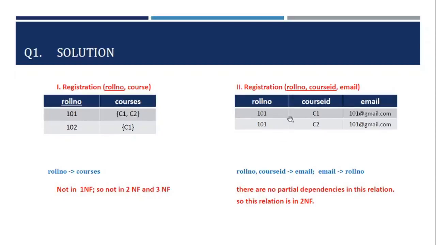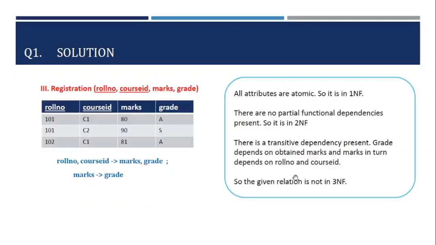So let us consider schema 3. Here we have roll number and course ID. The combination of these is the primary key, and we have marks, and then we have grade. Now we don't have any multi-valued attribute or composite attribute, so this relation is in first normal form. Next, to check whether it is in second normal form, let us check whether there are any partial functional dependencies.